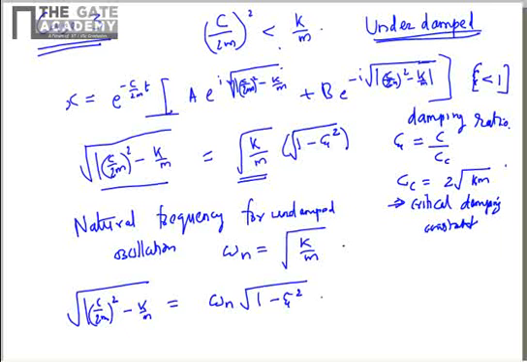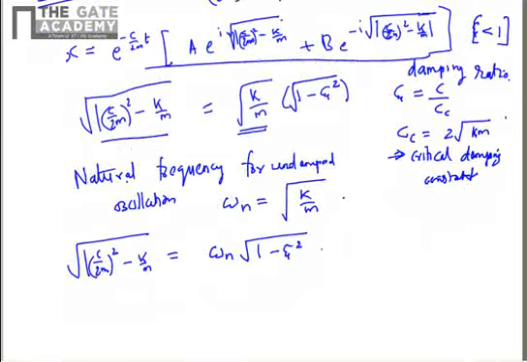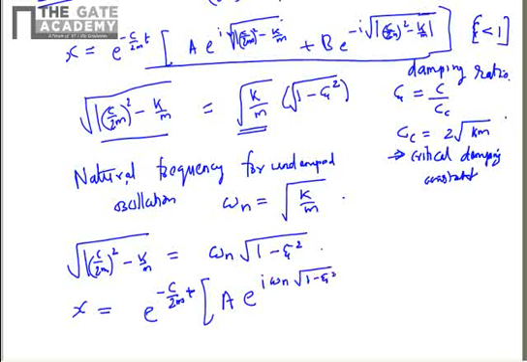So if you substitute this value in our equation of motion, let's see what we get. We'll get x is equal to e to the power minus c by 2m t multiplied by (A e to the power i omega n square root of 1 minus ζ square t plus B e to the power minus i omega n square root of 1 minus ζ square t).